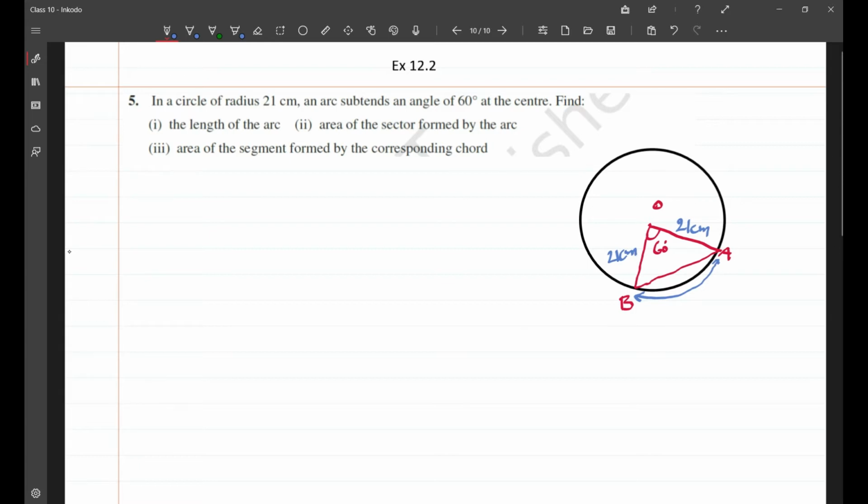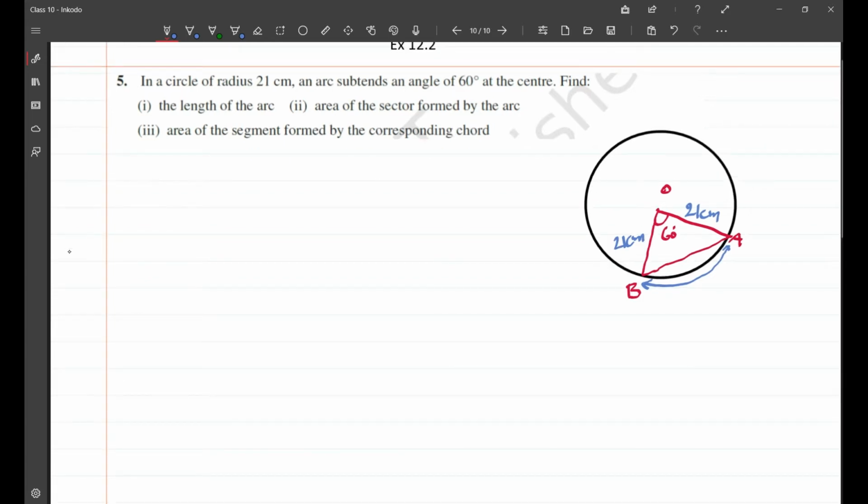So I am writing here radius equal to OA equals to OB equals to 21 centimeter. And angle subtended by this arc AB is equal to 60 degree. I am writing it as theta. Theta is equals to 60 degree.